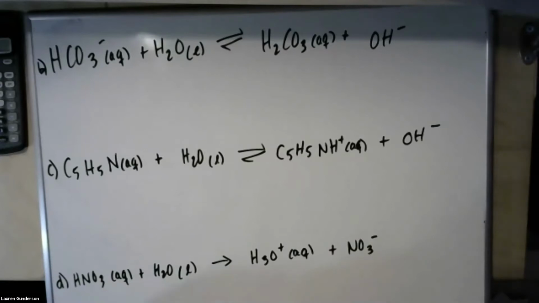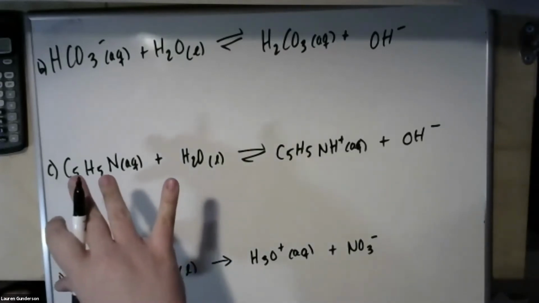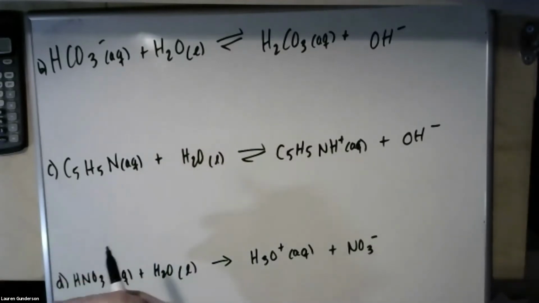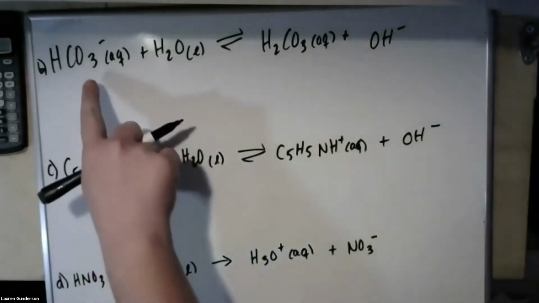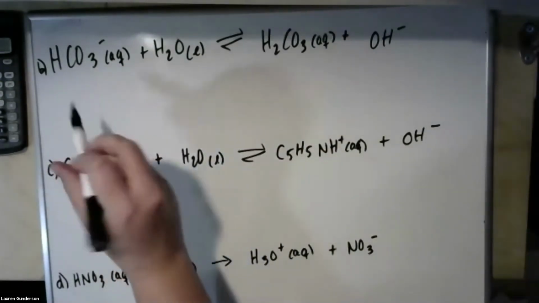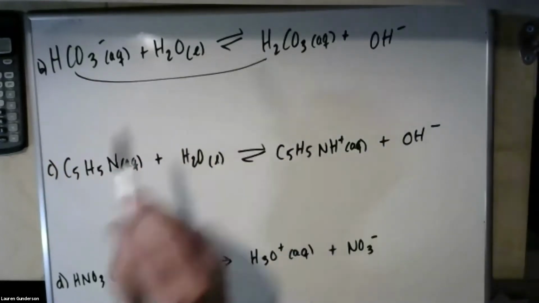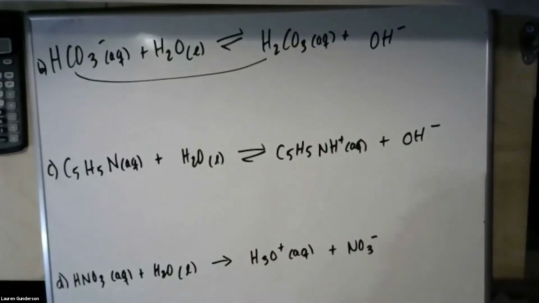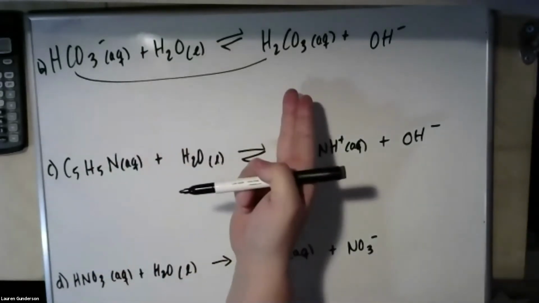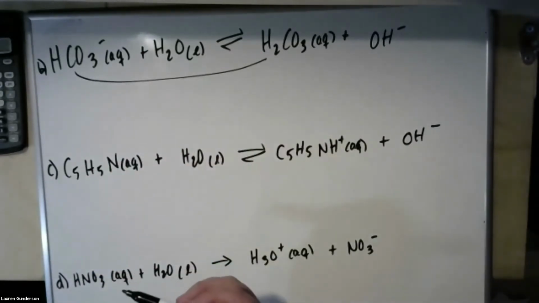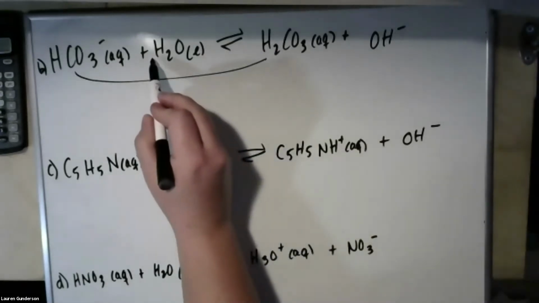When we're looking at these, I like to find the pairs first. That's always my first step: finding the things that are related. Right away I see HCO3 minus and H2CO3. That's my first pair. They differ by a proton, and that's what you're looking for.